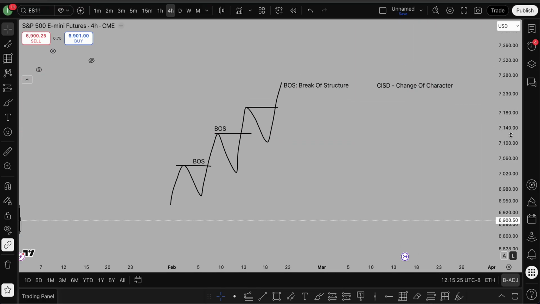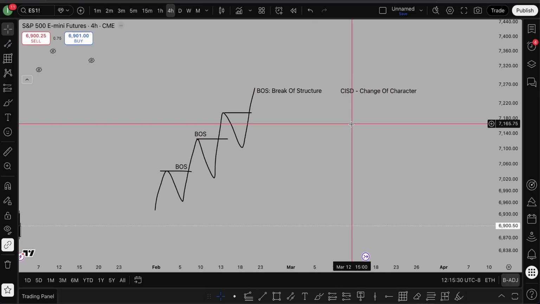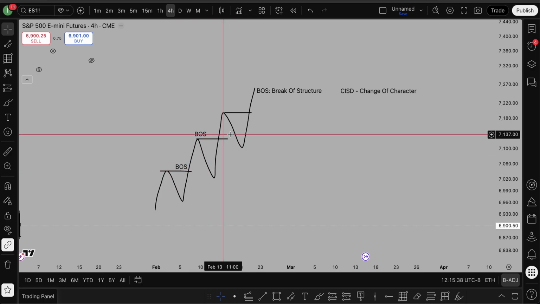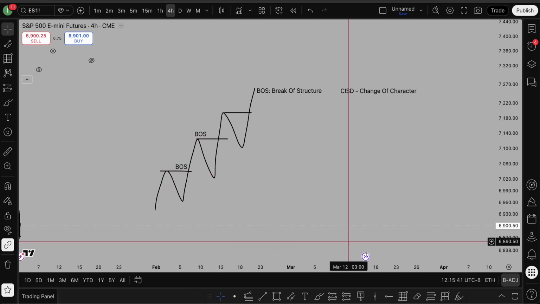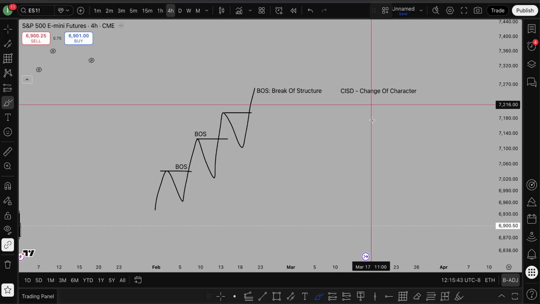So don't be confused or think that someone is gatekeeping something that you don't know about. It's the same thing. Okay, so a break of structure is when you are breaking through the trend levels, I guess, or like the stairs, if that's how you want to think about it.